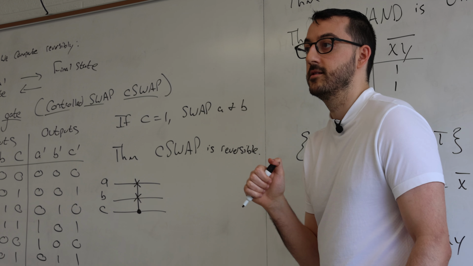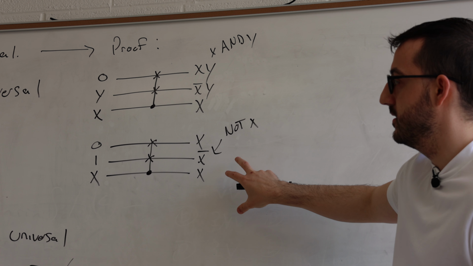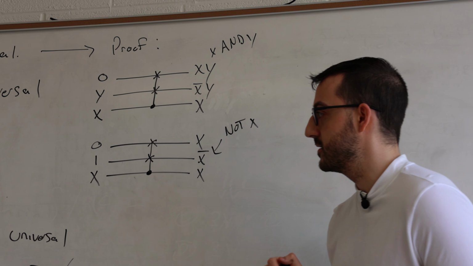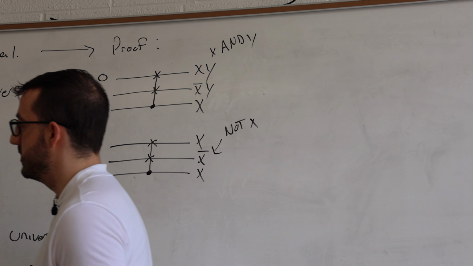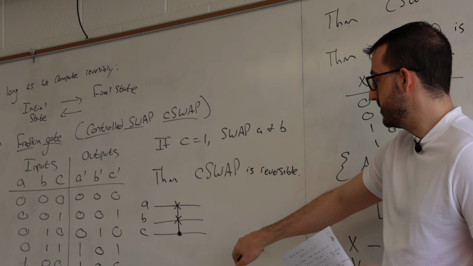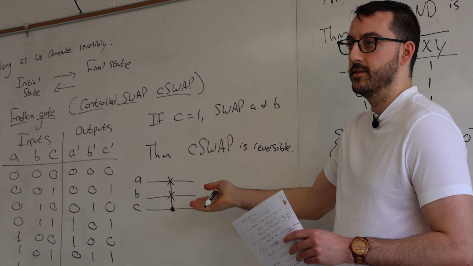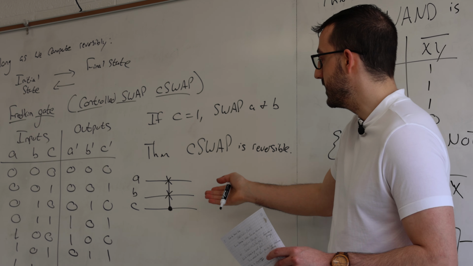Okay. Question. C-swap Fredkin is universal because NAND is universal and we can use it to create NAND. And then we also know that it's reversible. You can argue that it's reversible from the truth table. You can also see that it's reversible because if I do 2 of these in a row, you're going to get the same input that you started with. Why is that?